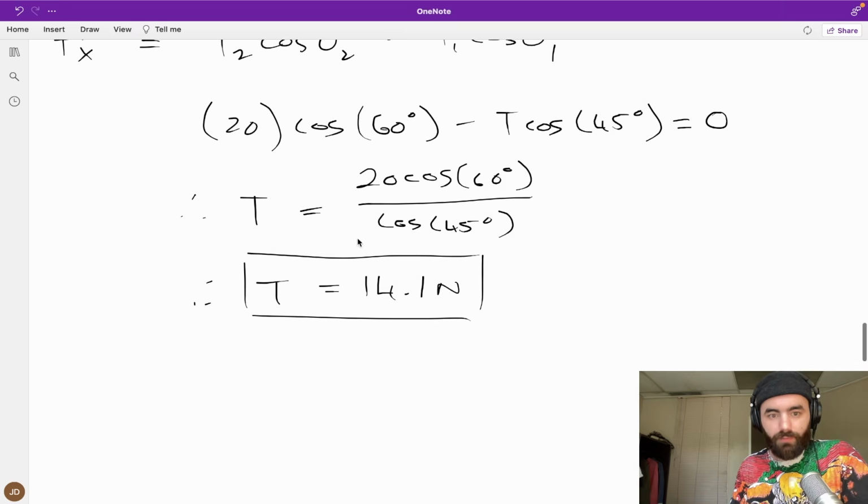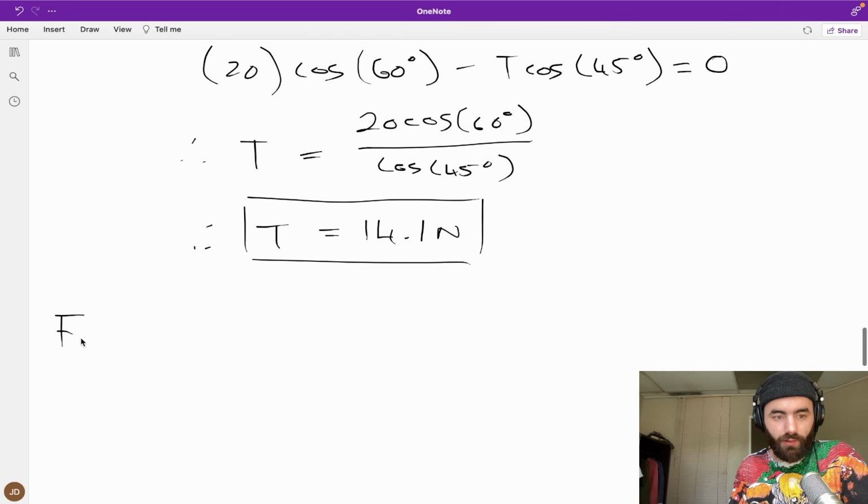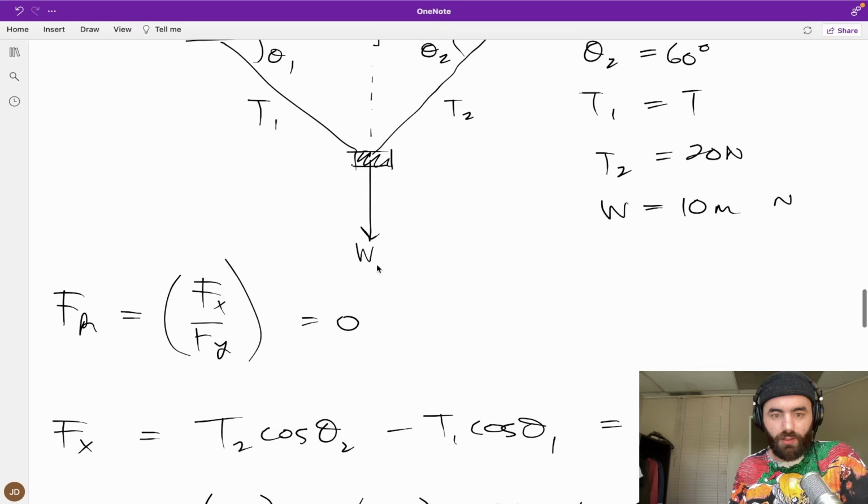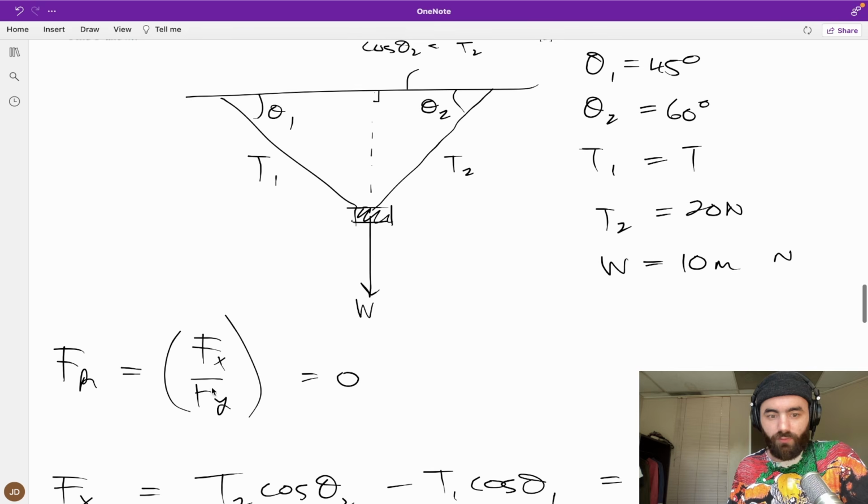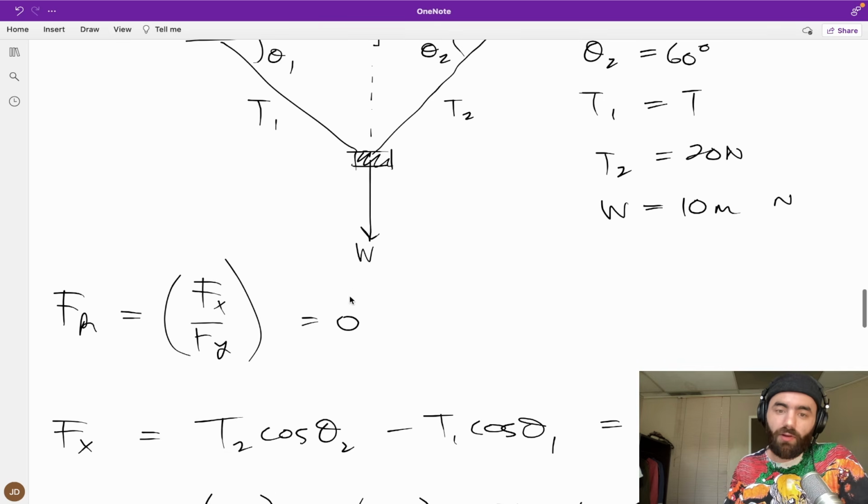That's your T. And if we want to find the mass, that's included in this one. For the forces in Y, which will also equal 0, we have the Y component of T1 and the Y component of T2 acting up, and W acting down.